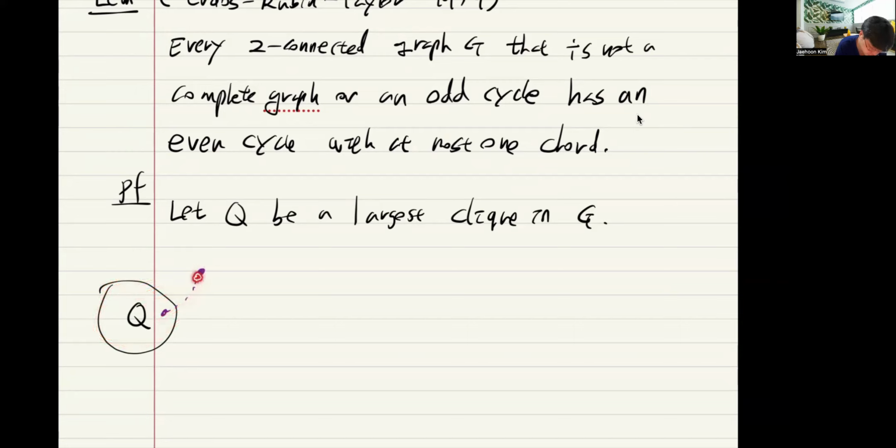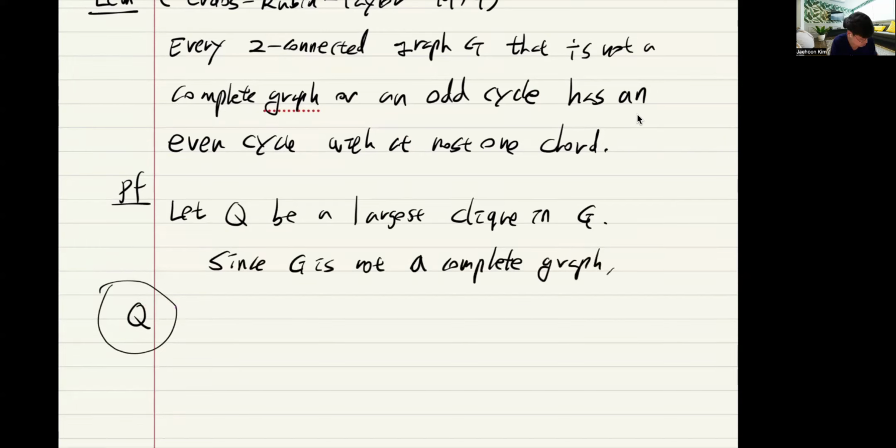That didn't happen, so it has at least one non-neighbor there. That's useful for us to obtain a cycle with a small number of chords. Since G is not a complete graph, Q is not the entire vertex set of G. It has a vertex outside.